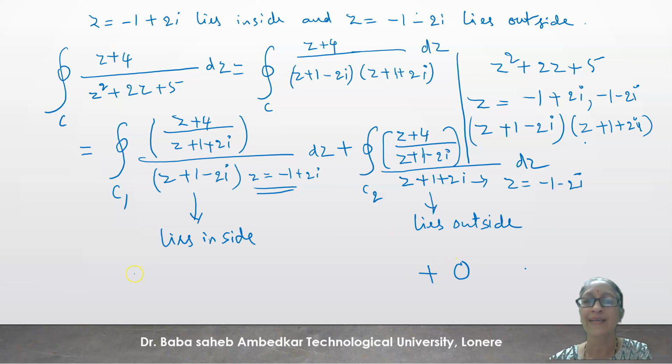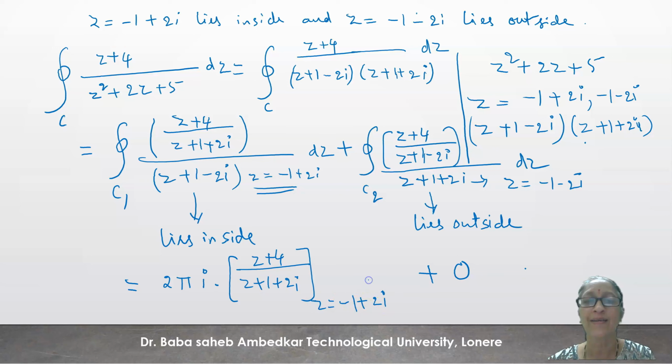But if it is lying inside, then we have to find its value. How? 2 pi i times the numerator (z plus 4) by (z plus 1 plus 2i), evaluated at z equals minus 1 plus 2i. Let us find its value: plus 0, which is equal to 2 pi i.